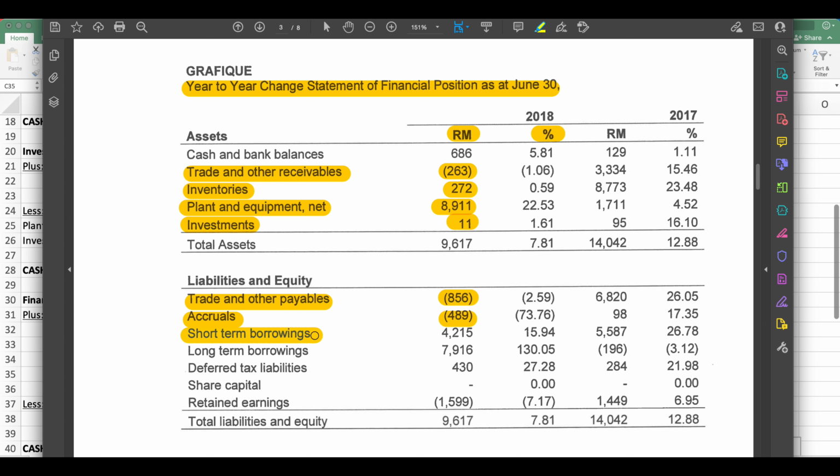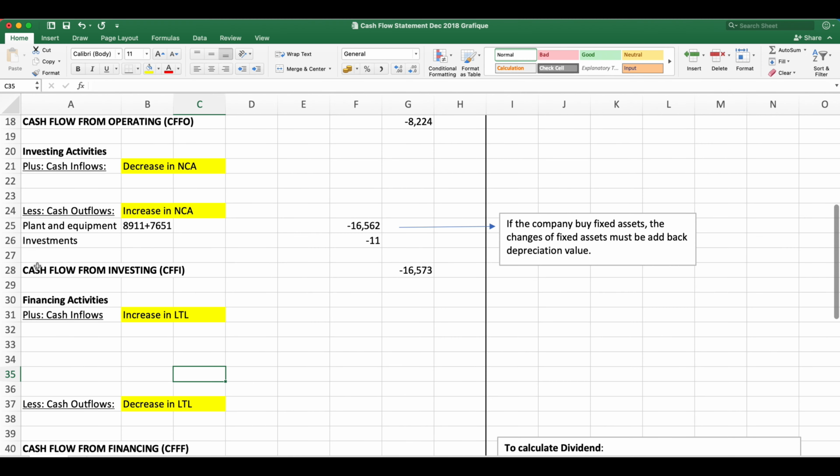know that the short-term borrowing increased by 4215. So it is an inflow for us, so we are going to record it under cash inflow. The short-term borrowing, increase by 4215.